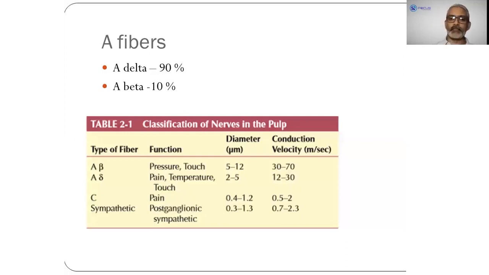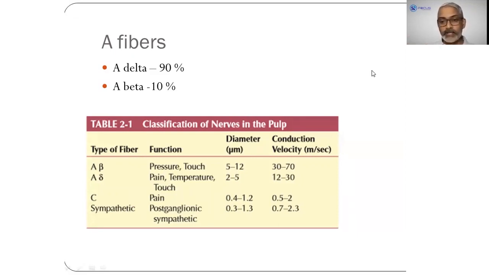The feature of A fibers, generally, are very, very peculiar, because these fibers are highly myelinated, the A fibers. And because of their myelination, the A fibers, they can conduct the stimulus of your pulp in a very fast manner.